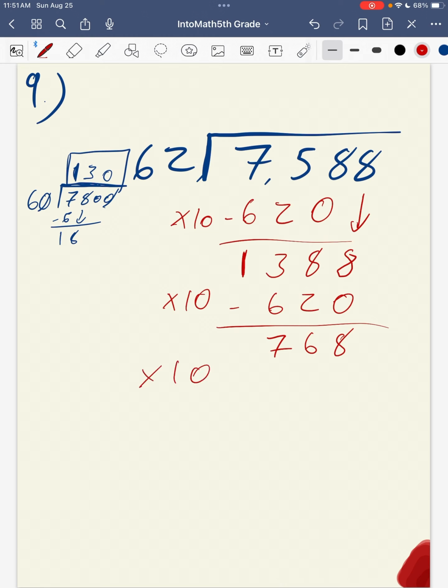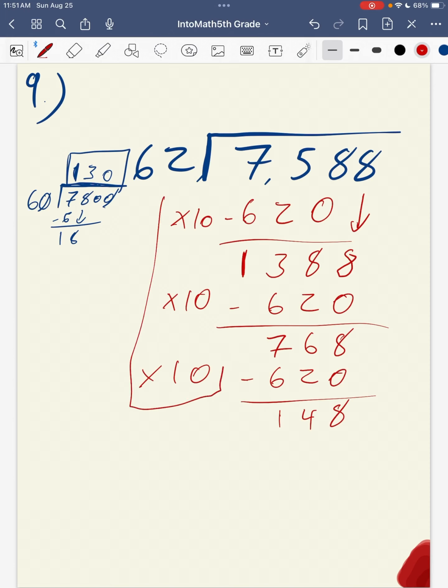Okay. I could do one more multiple of 10. Minus 620. I'm sorry for the pause here. I'm just realizing my estimate seems a little bit off.